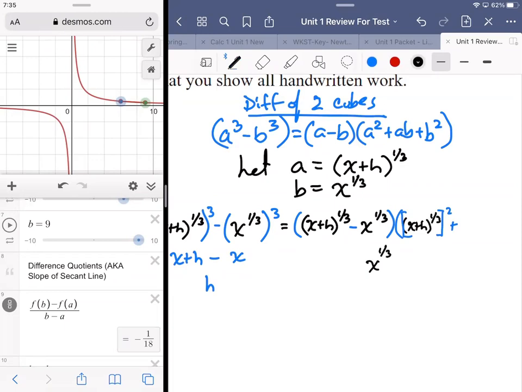X to the 1/3, x plus h to the 1/3, and then plus b squared, which would be, I'm going to use brackets here and close it up, x to the 1/3 squared.